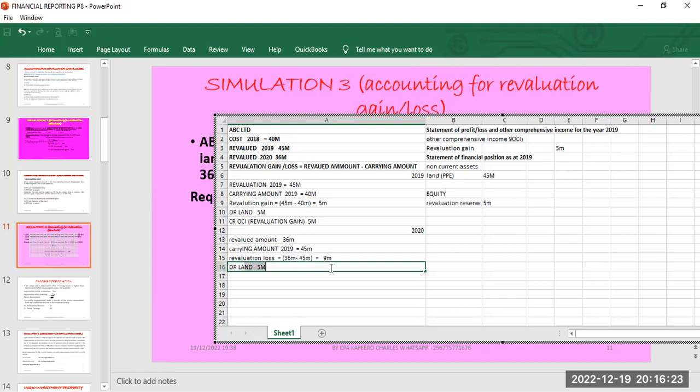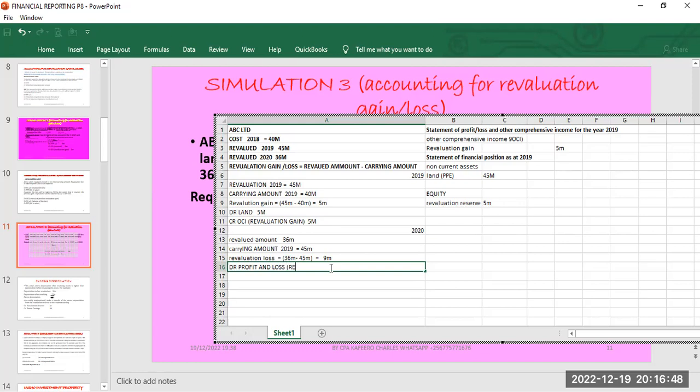And the reason why we are debiting our land, because there is something, sorry, we are not debiting the land, we are crediting the land. But remember, we said whenever we are doing these entries, we start with the debiting entry. We are going now to be debiting our profit and loss account.